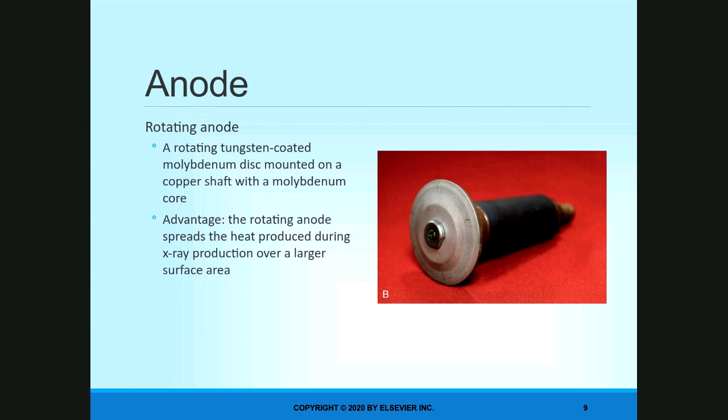Okay, so the rotating anode is typically what is in use today. And what you have is a rotating disc made of multiple materials. The bulk of the anode, the face of the anode, is made of tungsten, which is number 74. There's also some rhenium in there, which is number 75.